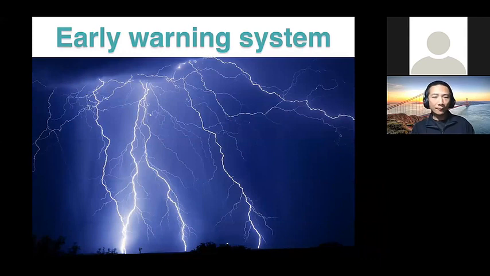So let me give you an overview of earthquake warning systems. You may have heard of this before, but it's basically a very simple system. It's like what we see in a thunderstorm: usually we see the lightning first before we hear the sound. This is because the two types of waves travel at different speeds.